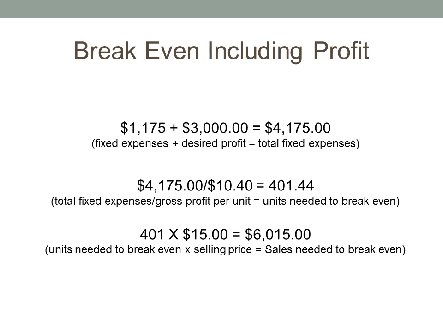I don't want to confuse anyone here, but I really stressed that desired profit had to be added to fixed expenses, because a lot of times what people will do is they'll do the break-even analysis, and once they have their final number, so I'm just going to step back here a second, get to the other slide.